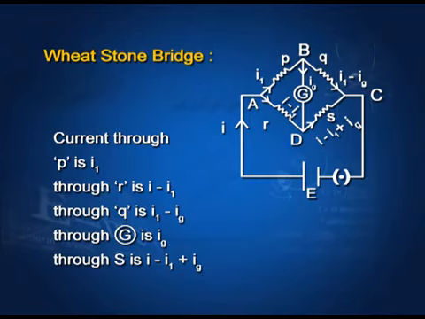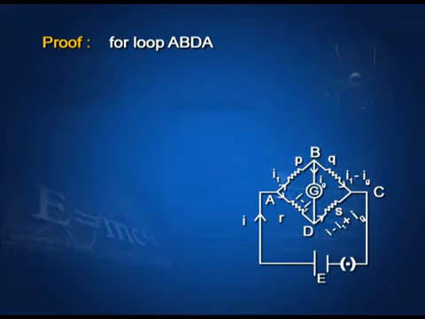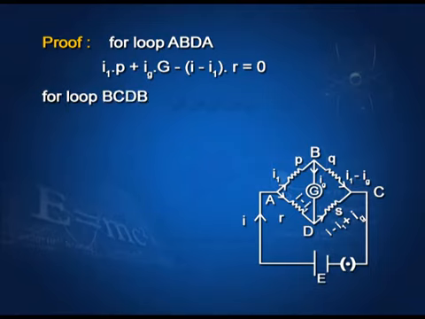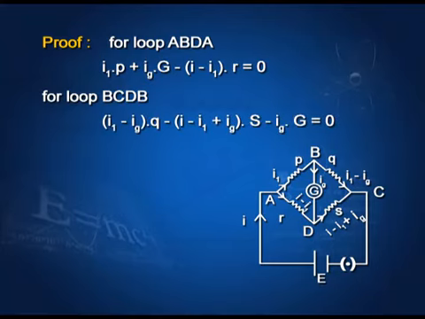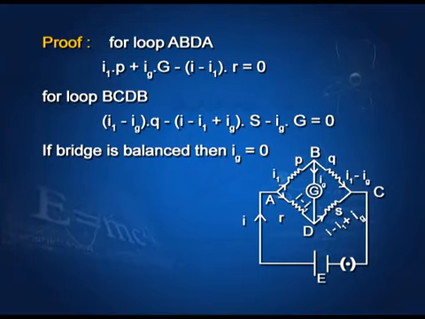Let us study the proof. For loop ABDA, I1 into P plus Ig into G minus (I minus I1) into R equals to 0. For loop BCDB, (I1 minus Ig) into Q minus (I minus I1 plus Ig) into S minus Ig into G equals to 0. If the bridge is balanced, then Ig equals to 0.